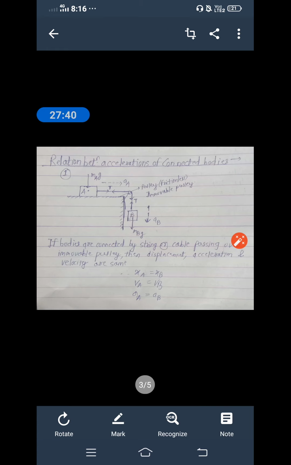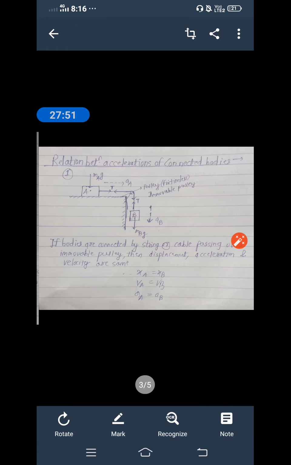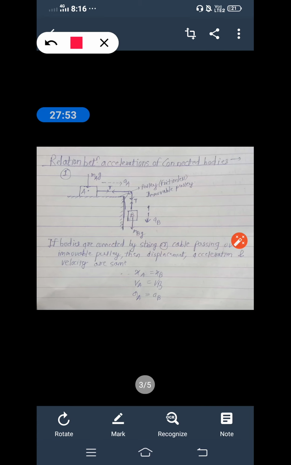Now let us see the relation between the accelerations of connected bodies. So what is the relation for connected bodies?